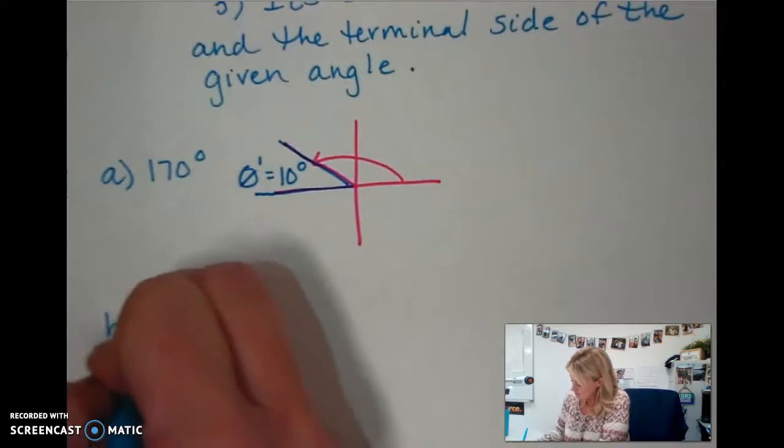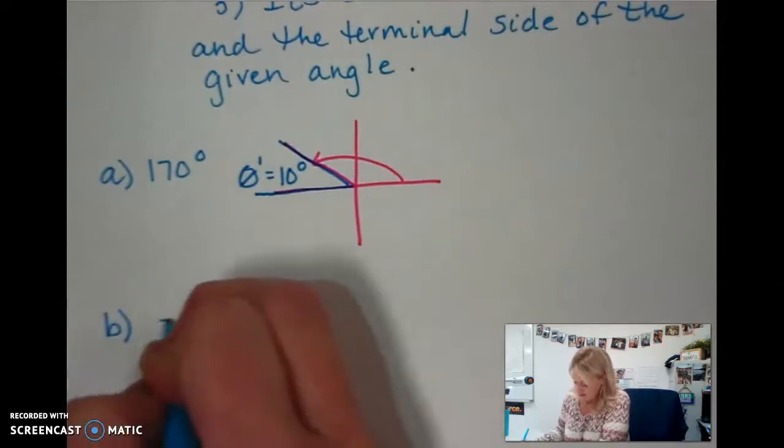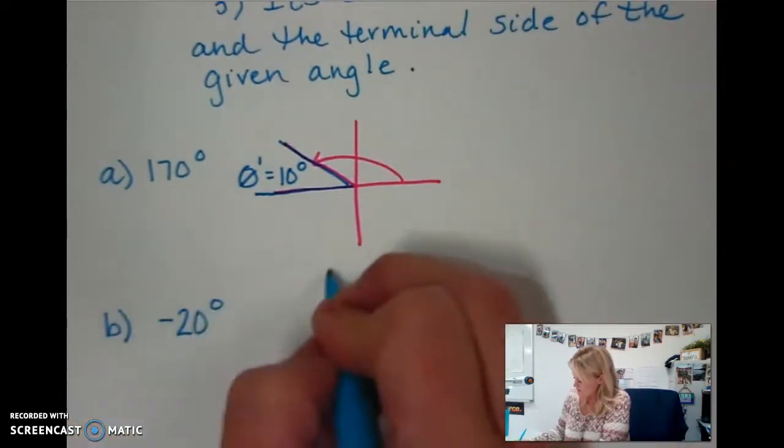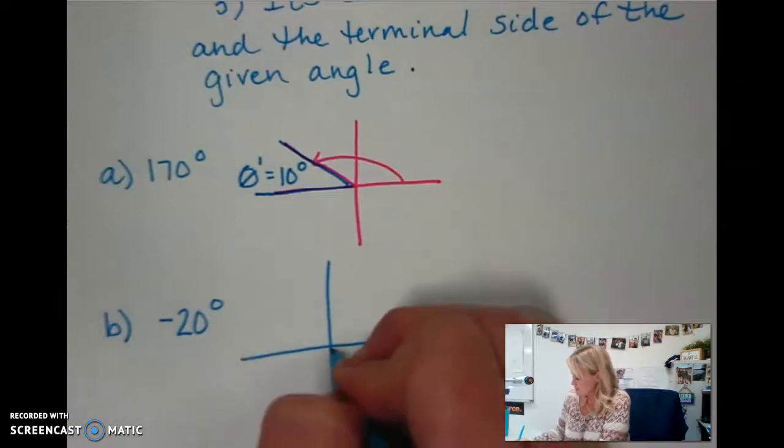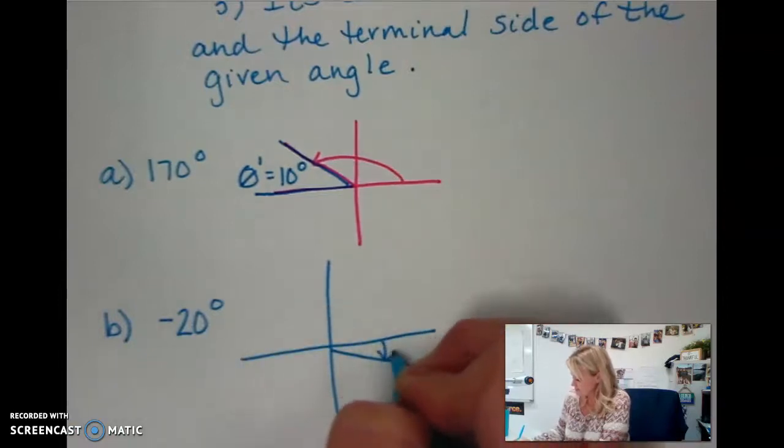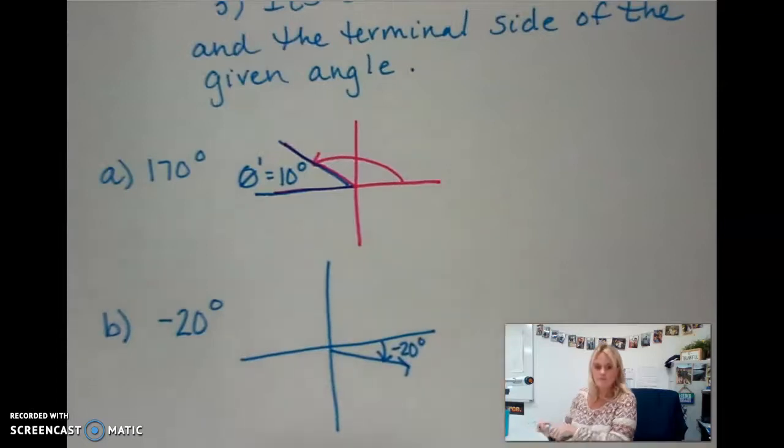Okay, if you look at B, negative 20 degrees. Negative 20 degrees is right down here. Think about the rules. The rules are they have to be positive, they have to be acute, and we are using the x-axis and the terminal side of the angle.